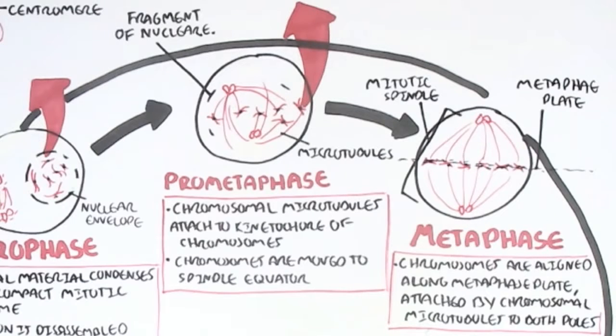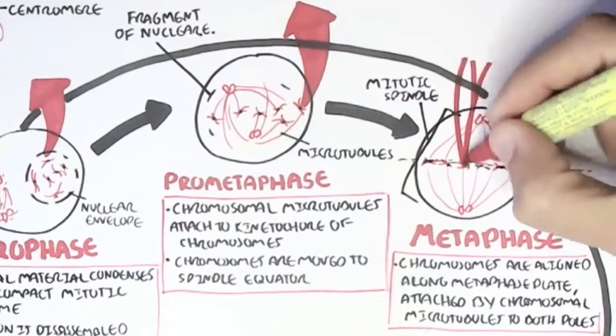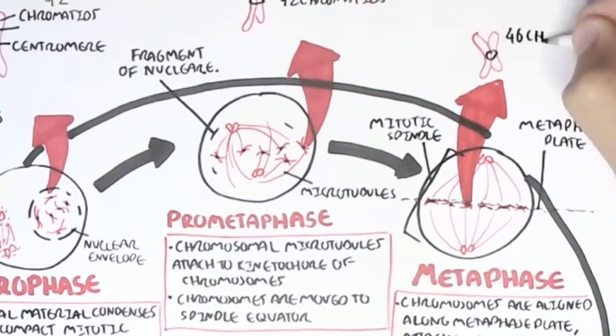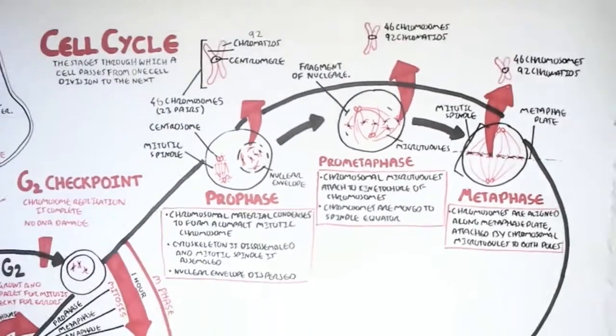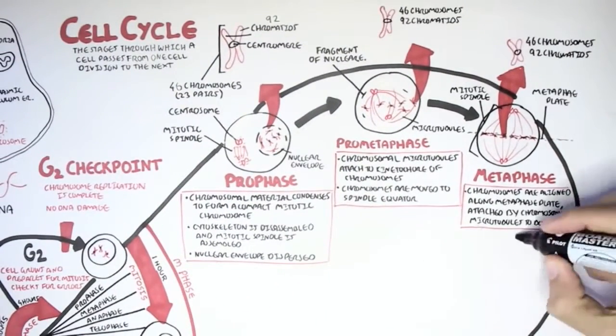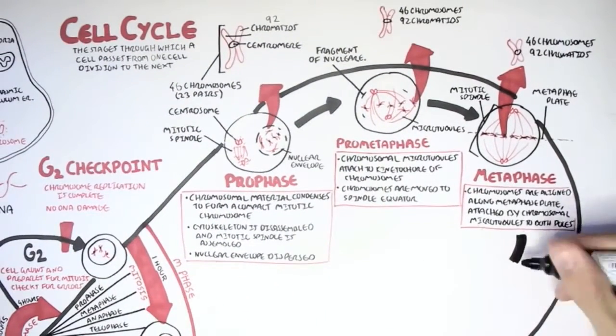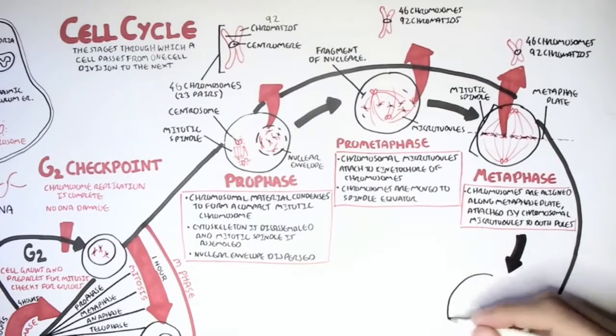If we look at the genetic material of the cell during metaphase, it will still have 46 chromosomes with 92 chromatids, of course. The cell in metaphase will then enter anaphase.